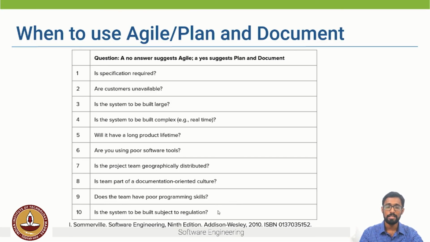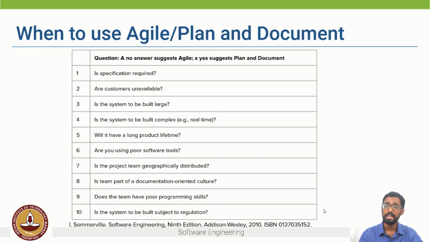And finally, is the system which we have to build subject to several regulations? For example, if you want to build banking software, you need approvals from banks, from the government, etc. Hence, upfront planning and documentation is necessary.